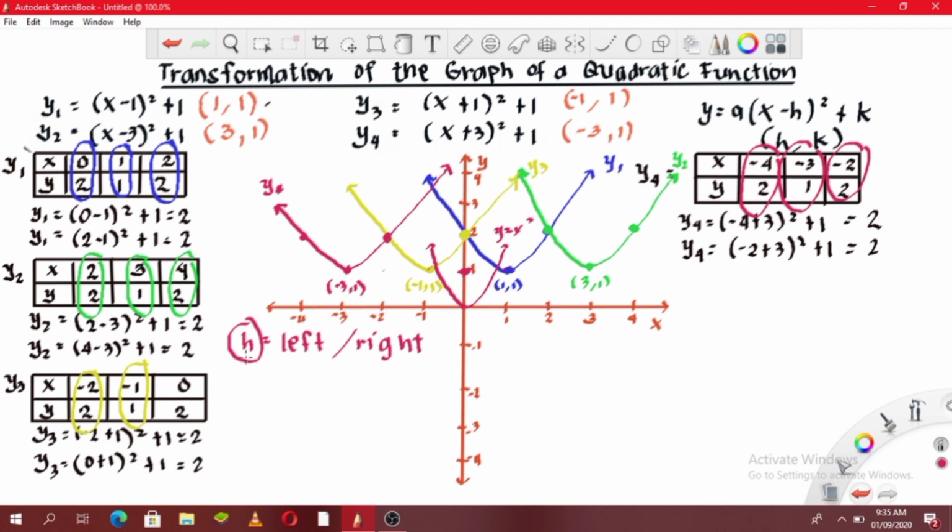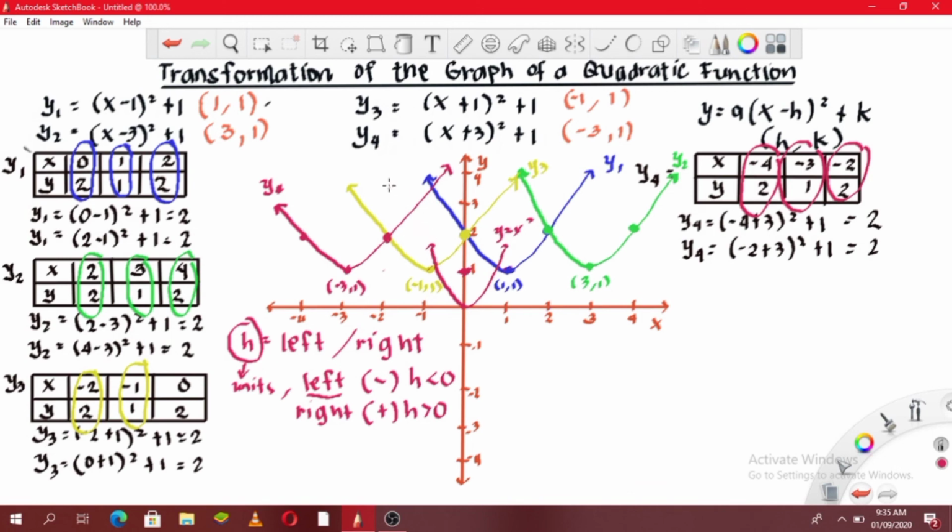H ang magsasabi kung ilang beses, number of units na gagalaw ang ating graph, and then the movement or the shifting will be left if the sign of h is negative or if h is less than 0. Pag negative ang sign ng h, the movement will be left. And then, the movement or the shifting will be right if the sign of h is positive or if h is greater than 0.